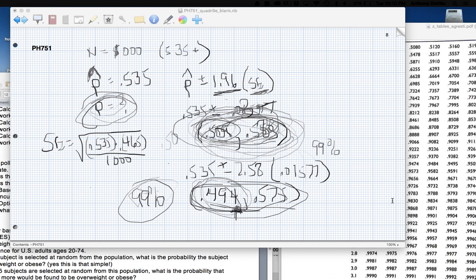I kind of dropped a number there, but you can see what happened here is that in this particular problem, the fact that it was such a close call, we were able to see that we have 95% confidence that the true population proportion is between 50.5 and 58.